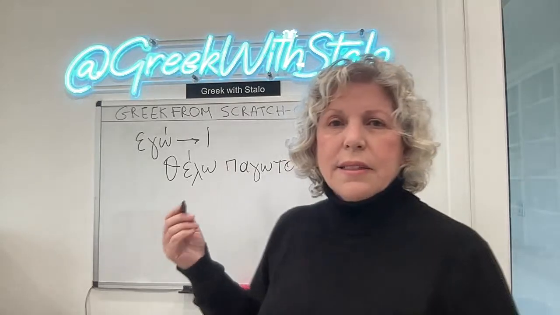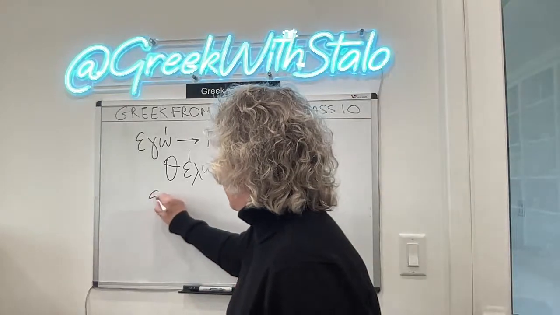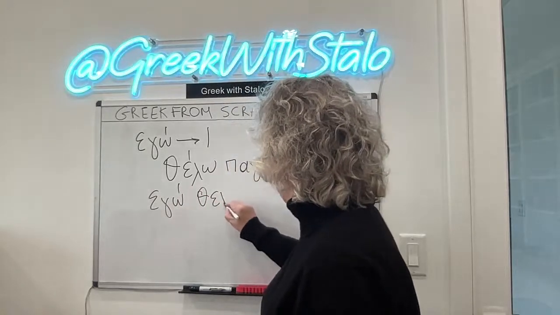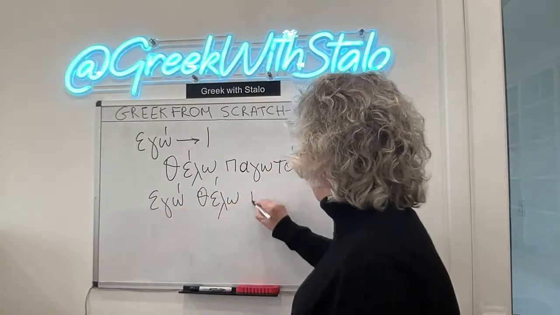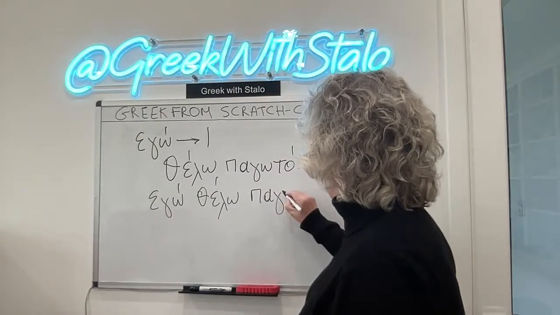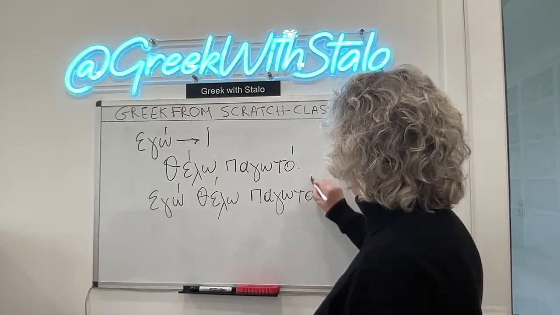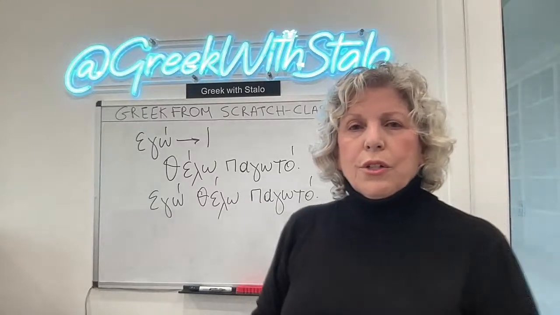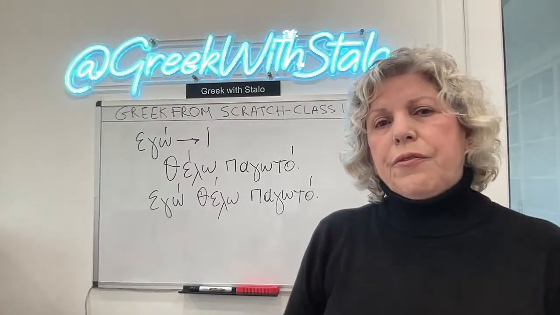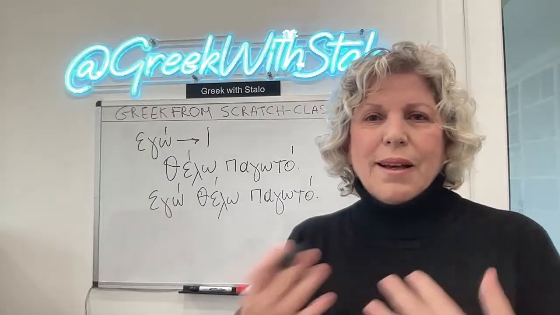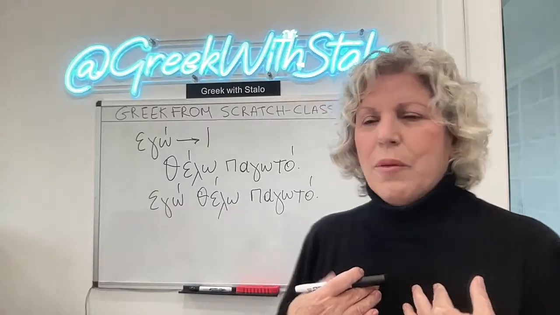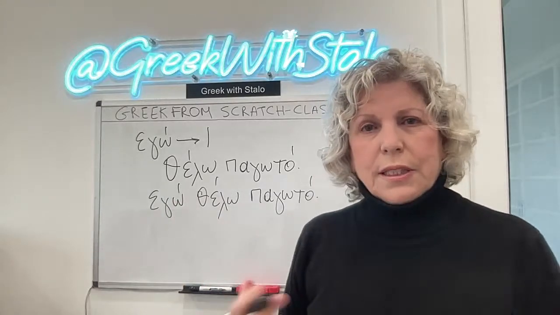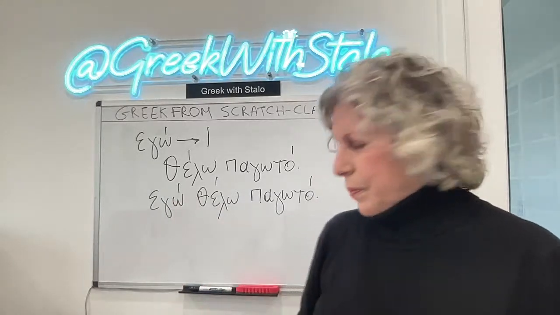So in that case, I would say, εγώ θέλω παγωτό, because we want to show the difference. You want cake, but I want ice cream. So we use the personal pronouns for emphasis.